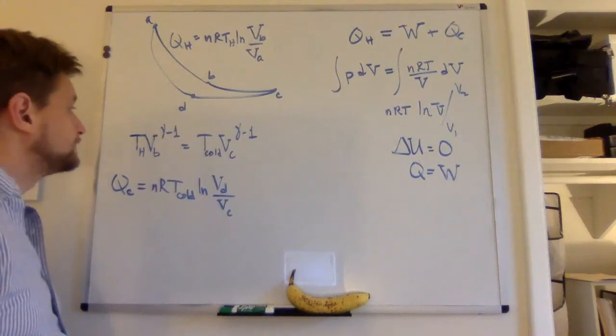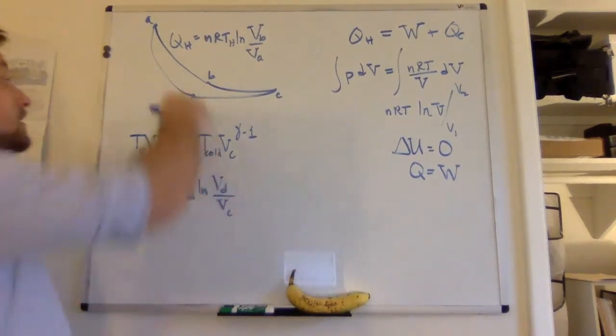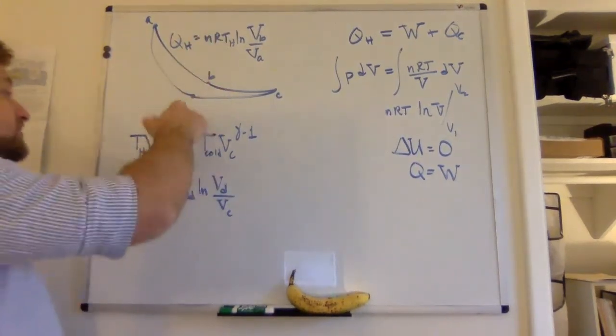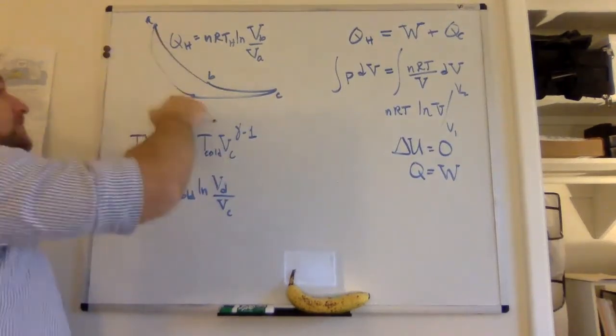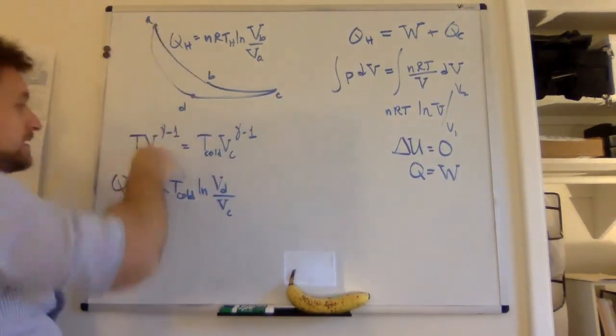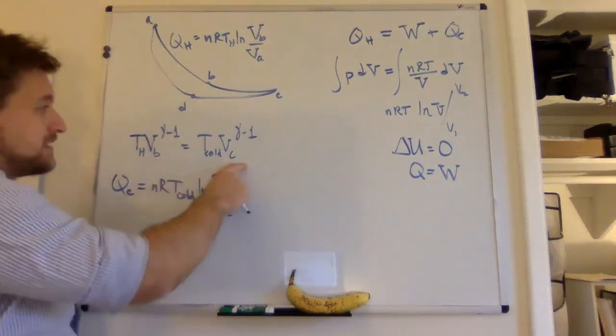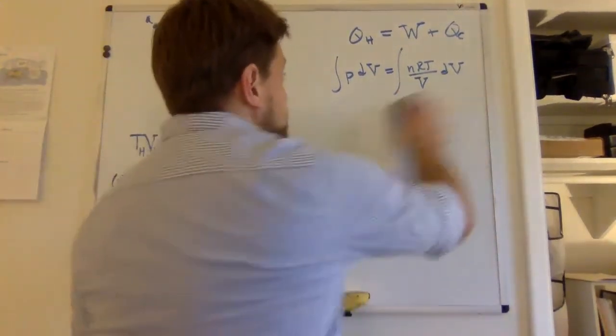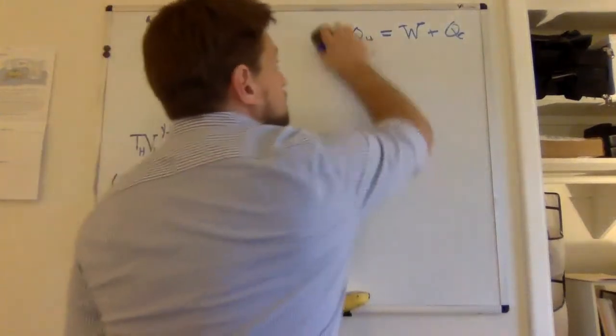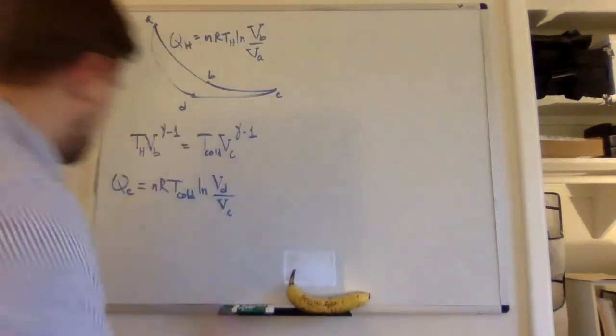Okay. I guess we should finish the story just to be safe. The adiabatic compression from D to A gets us a relationship very much like this one, just in case we need it. I'll put it over here.